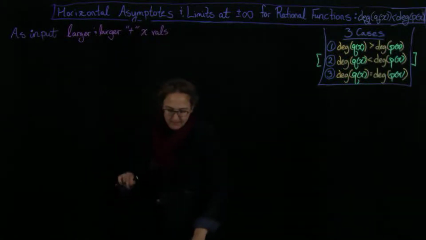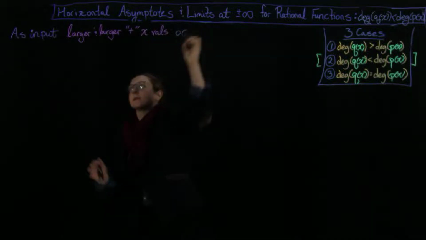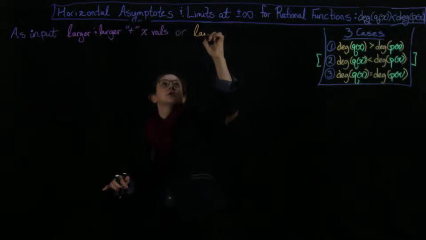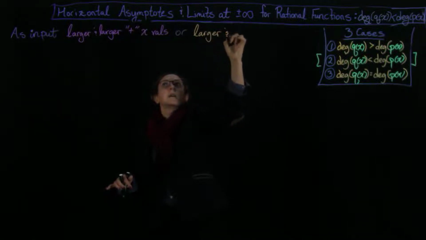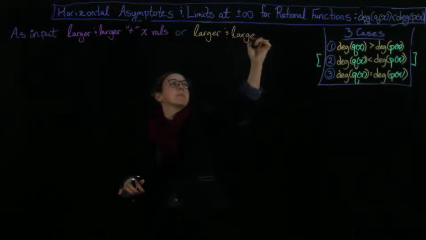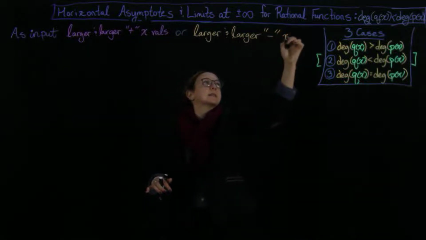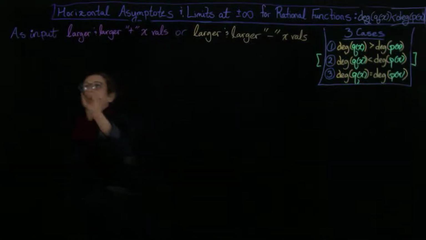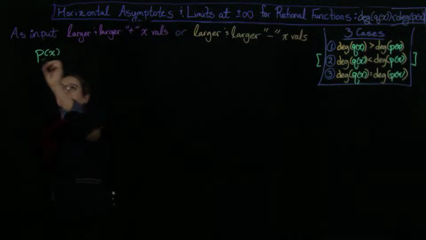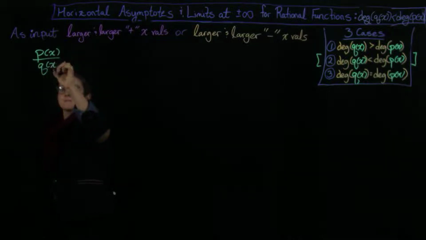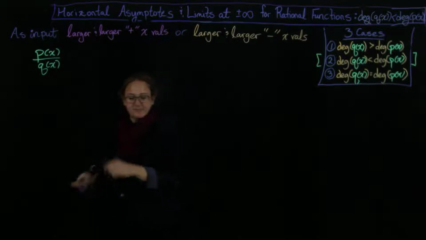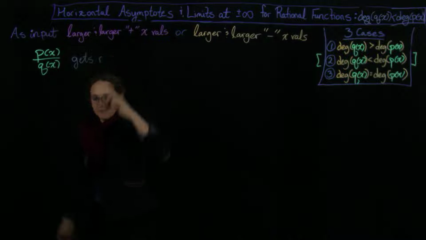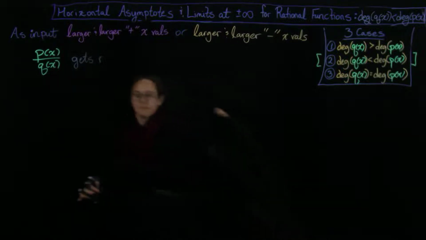Or in this circumstance, we're looking at larger and larger negative x values. In either of those circumstances, we're going to get that p of x over q of x gets really big positive. Let's just do this in green.